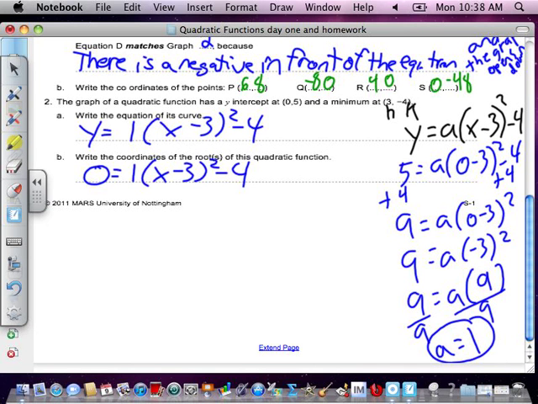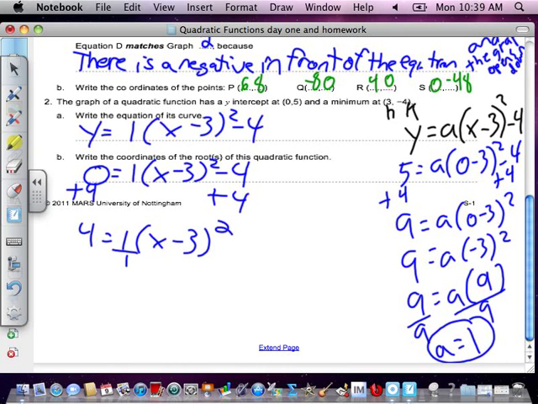What am I going to do to get x by itself? 4 equals 1 times (x minus 3) squared. Now what am I going to do? Aaron?